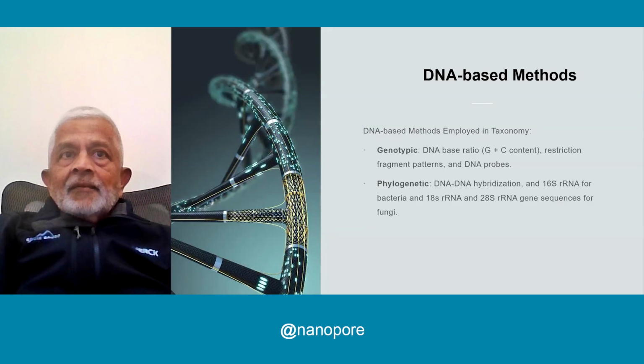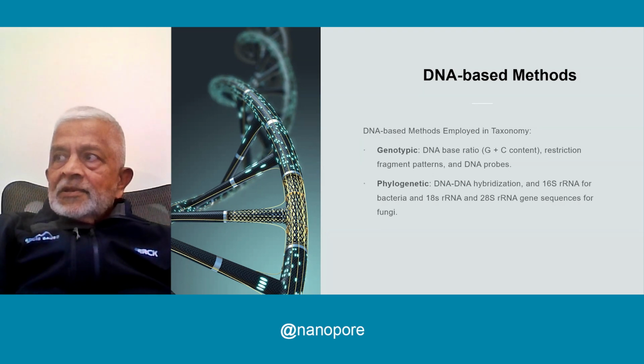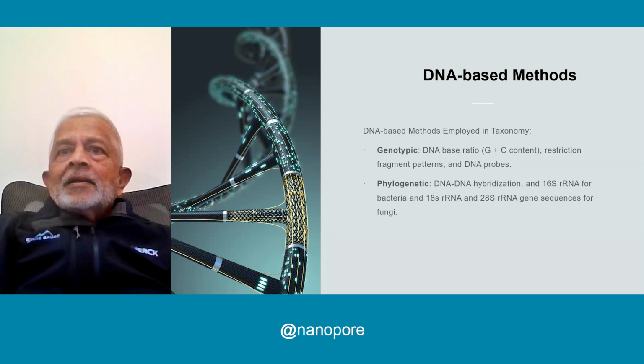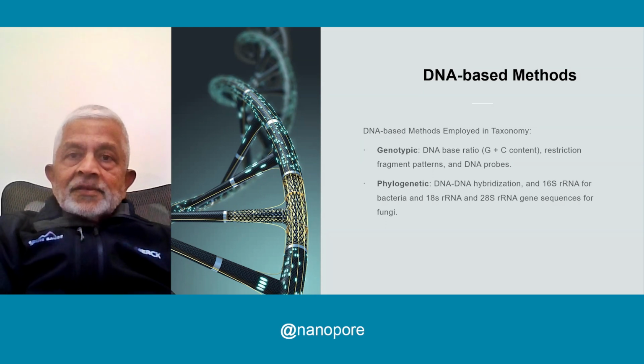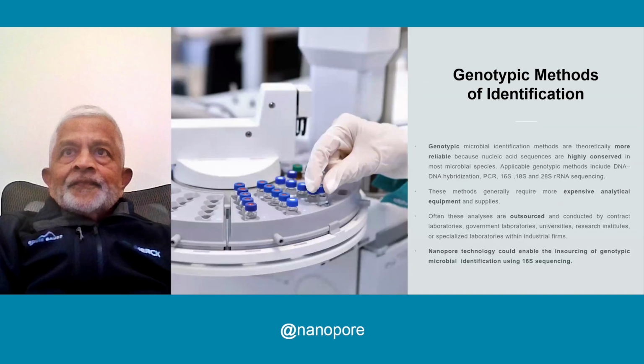DNA-based methods, as I said, are advanced methods, and you have either genotypic methods or phylogenetic methods, which could use either DNA probes or restriction enzyme fragment patterns. The phylogenetic methods, for example, typically utilize 16S RNA gene sequencing for bacteria and the 18S and 28S RNA gene sequences for fungi.